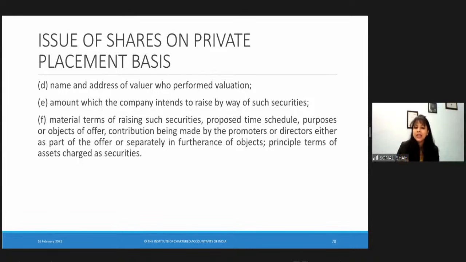The valuer will decide the price of the security, so the details of the valuer have to go. Then the amount which the company intends to raise by way of such securities, the material terms of raising such securities, proposed time schedule, purpose or object, contribution being made by the promoters or directors, and other relevant information that might be helpful. So all this information goes in the explanatory statement.